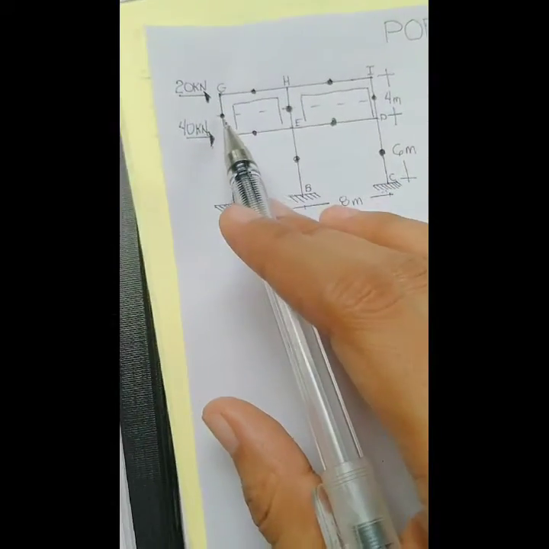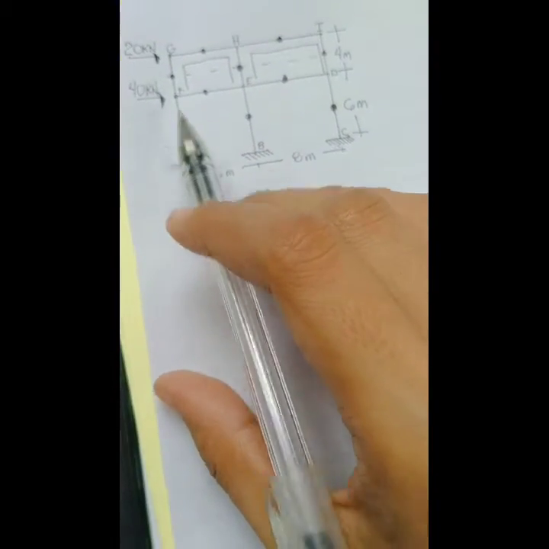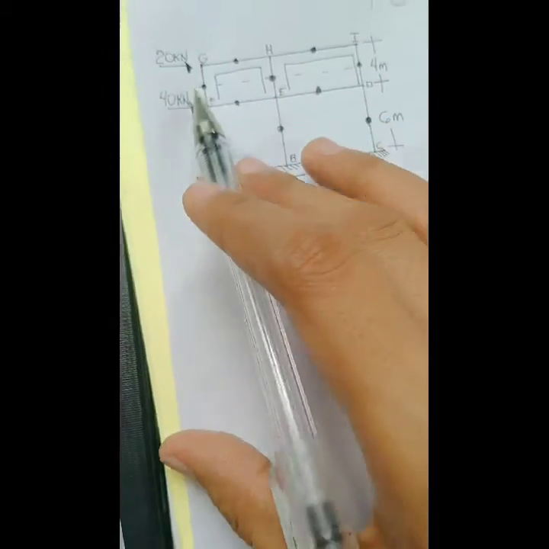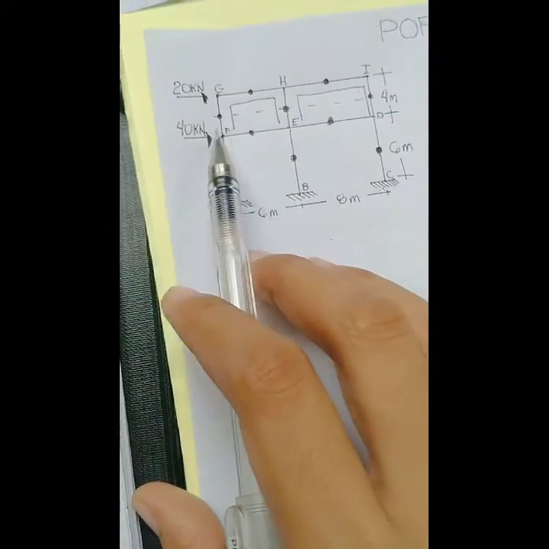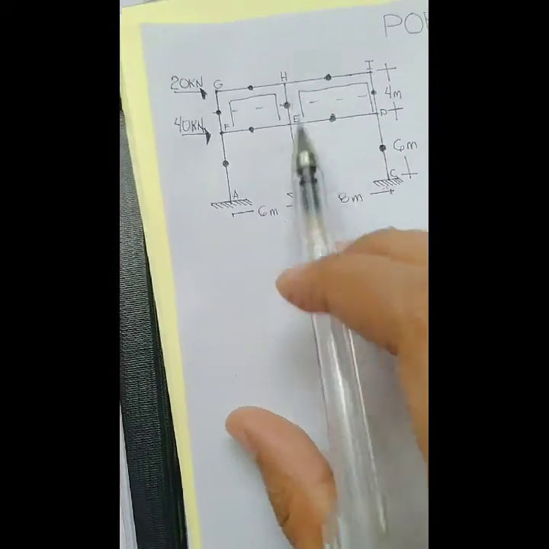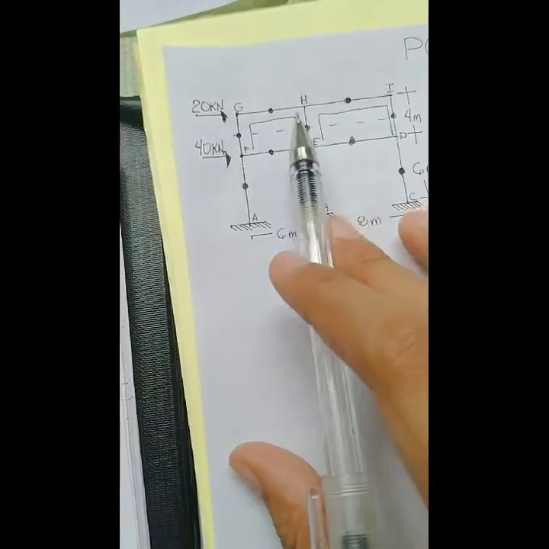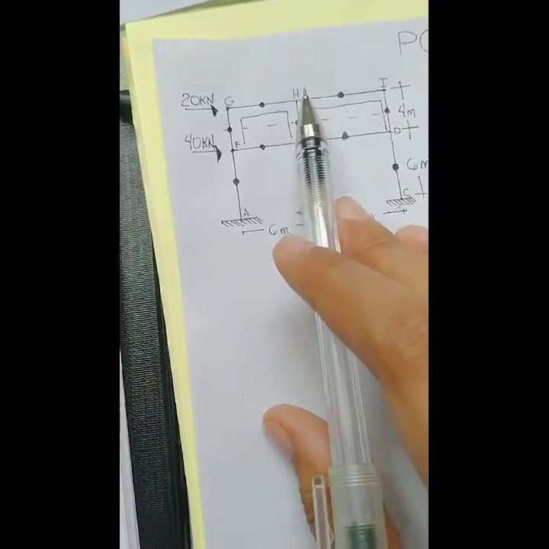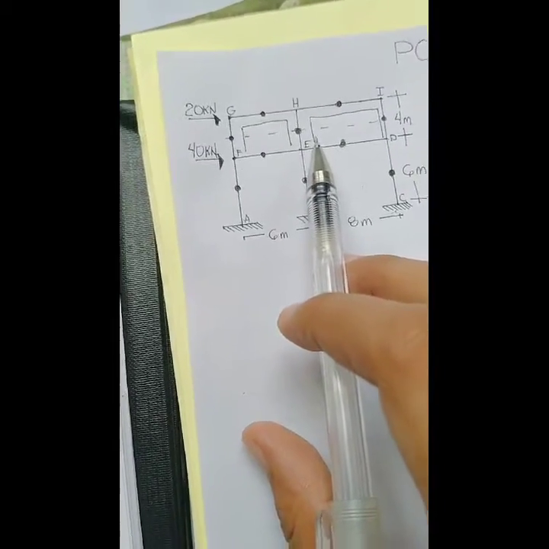Kaya ang shear force dito sa exterior column ay isa lang yung shear kasi isa lang yung hinahawakan nila na load. While dito sa interior column, itong gitna, dalawa yung hawak niya. May kalahati dito sa G to H at may kalahati din dito sa H to I. So, kaya dalawa yung kanyang shear force.